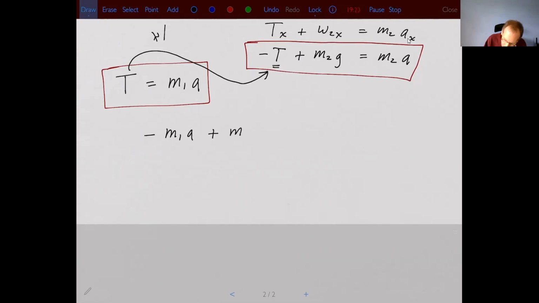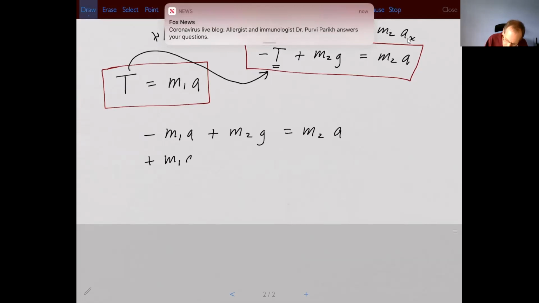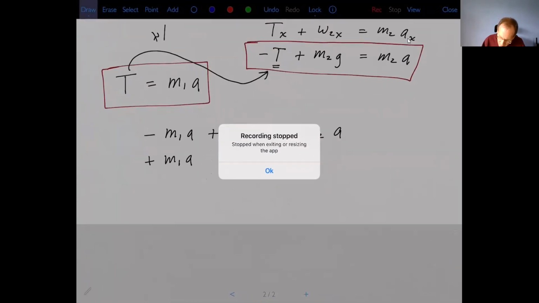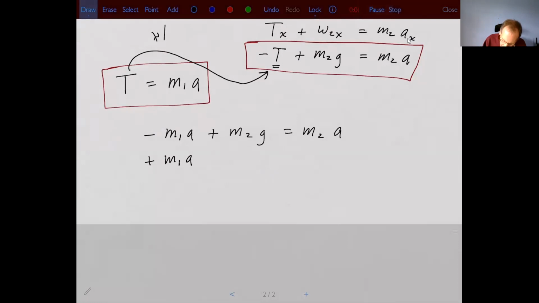plus m2g equals m2a. And now I can solve that equation for a, right? So I'll add m1a to both sides. So I'm going to get m2g is equal to, I'll write this as m1a plus m2a.